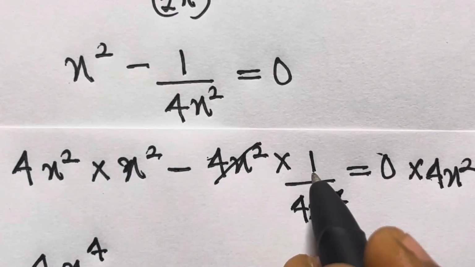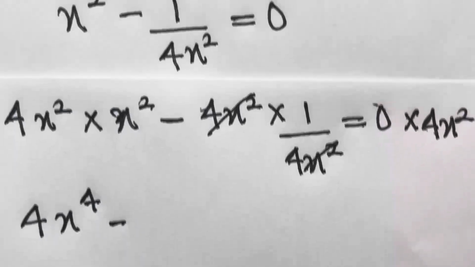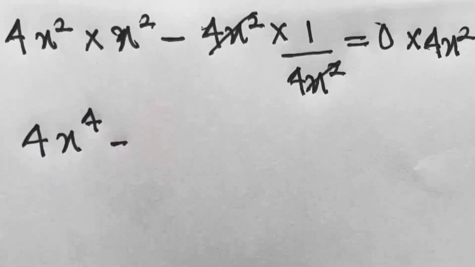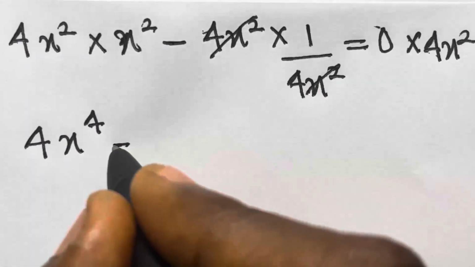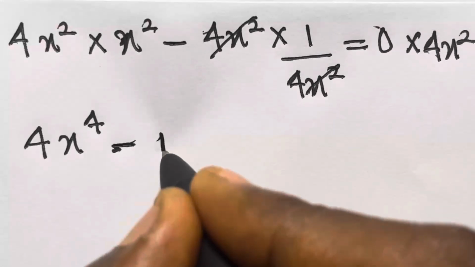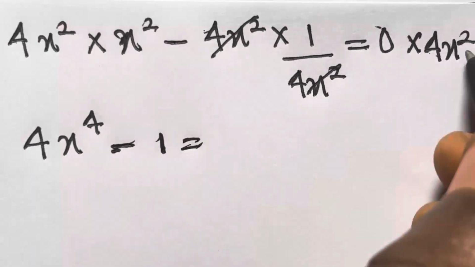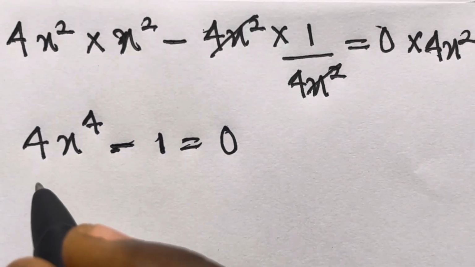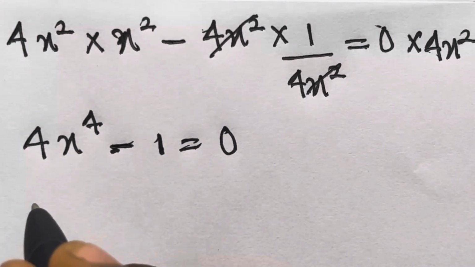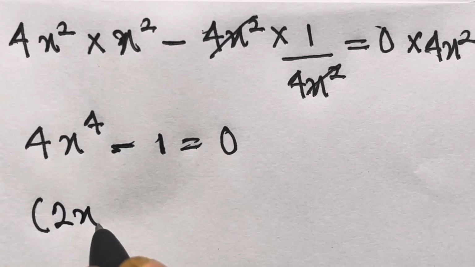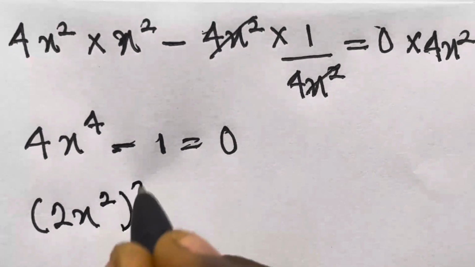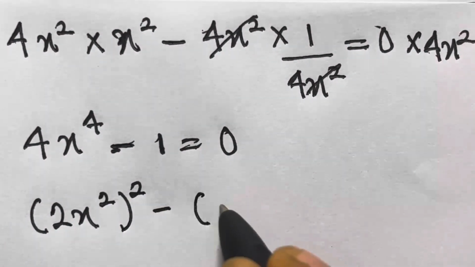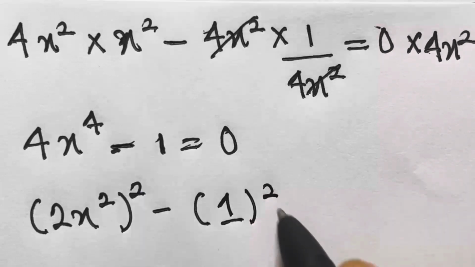Then we have minus, what is left here? 1. So it is 0 times 4x squared, we have 0. Now we can express this as (2x squared) raised to the power 2 minus 1 squared equals 0.